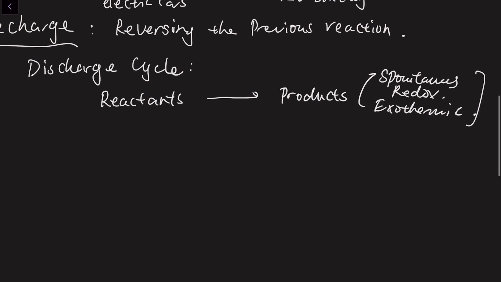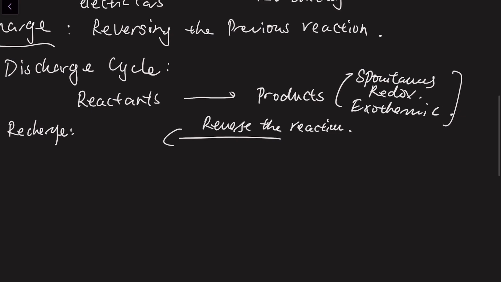But when you are recharging the battery, you want to reverse this reaction. And what is the reverse of a spontaneous redox reaction? It is basically electrolysis, and we know it is endothermic. You need to put in electrical energy to force the reaction to be reversed.